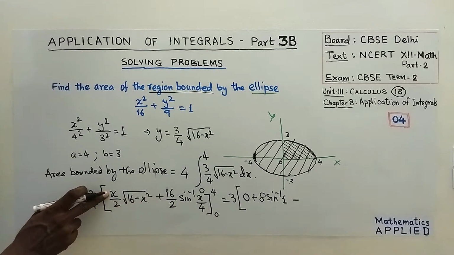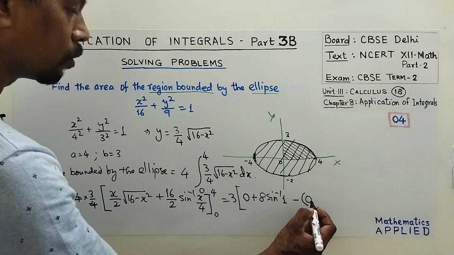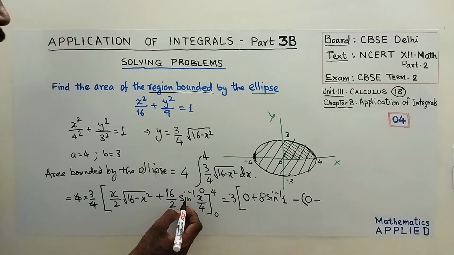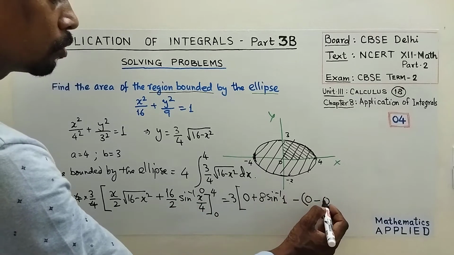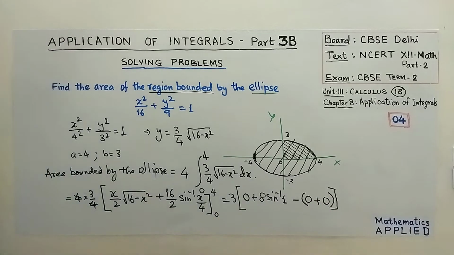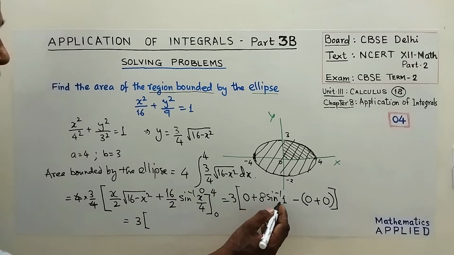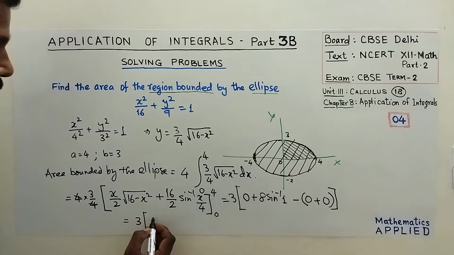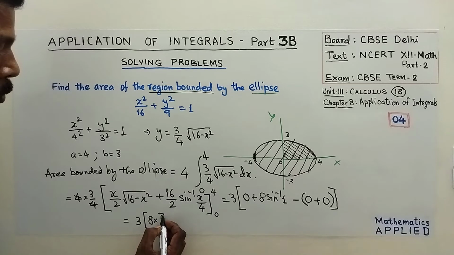When you apply 0 here, this is going to become 0, right? And this is also going to be sine inverse 0, which is 0. So 0 plus 0. Ultimately your result is going to be 3 times 8 into sine inverse 1. Sine inverse 1 is pi by 2, because sine 90 is 1.